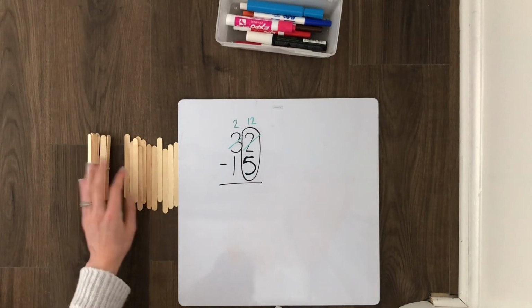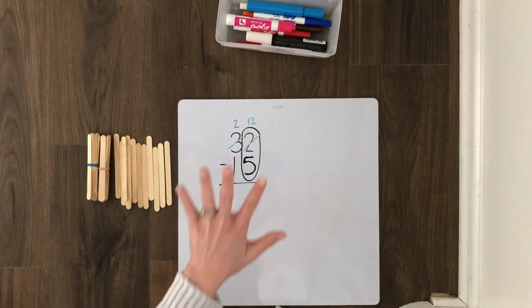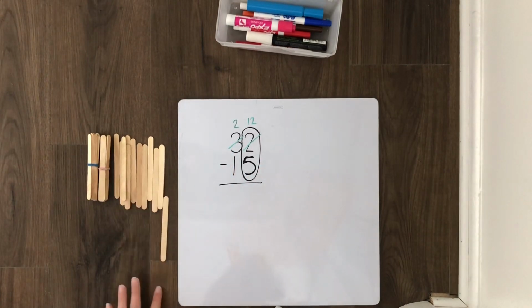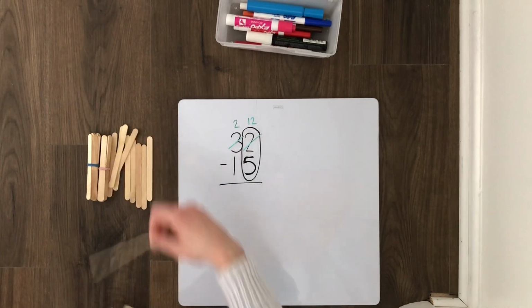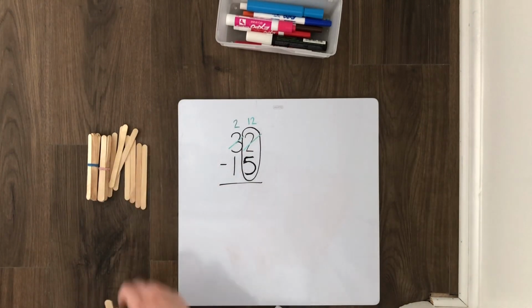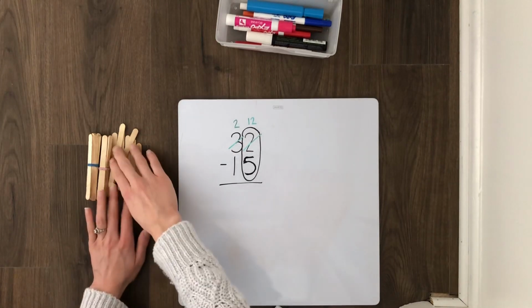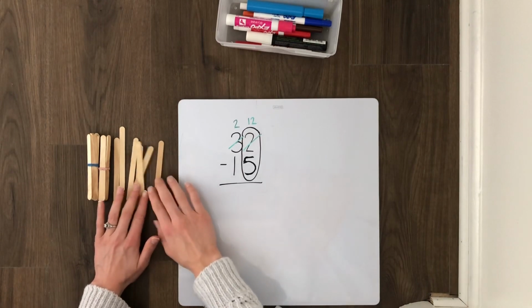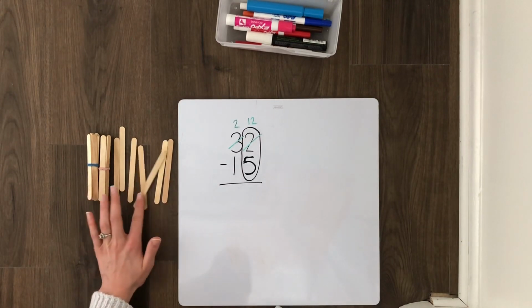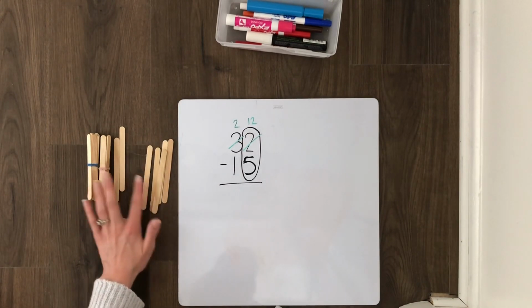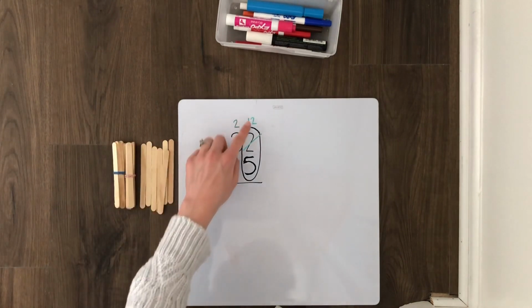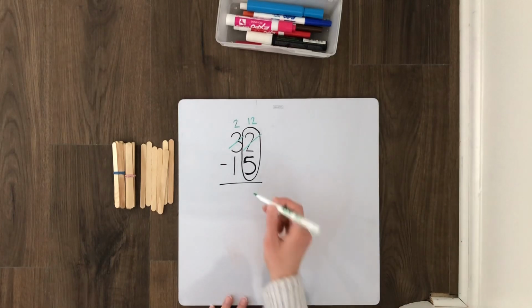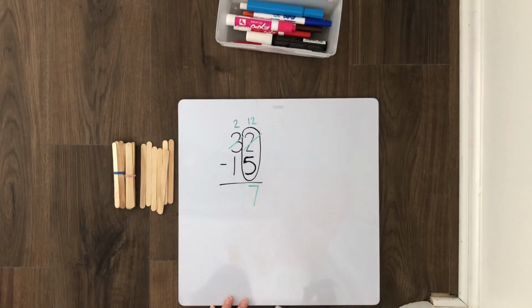Let's go ahead and use our popsicle sticks. We're taking away 5 ones. 1, 2, 3, 4, 5. And how many are left? Let's count. 1, 2, 3, 4, 5, 6, 7. Good. 12 minus 5 is 7.